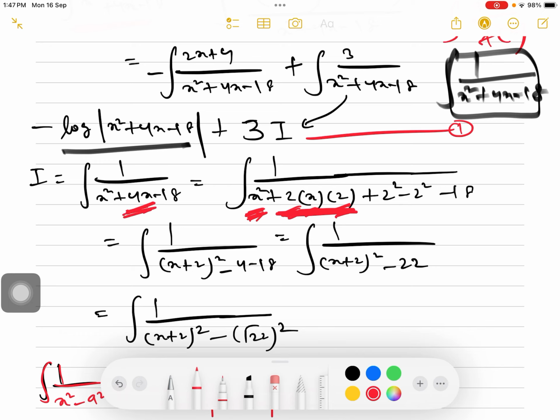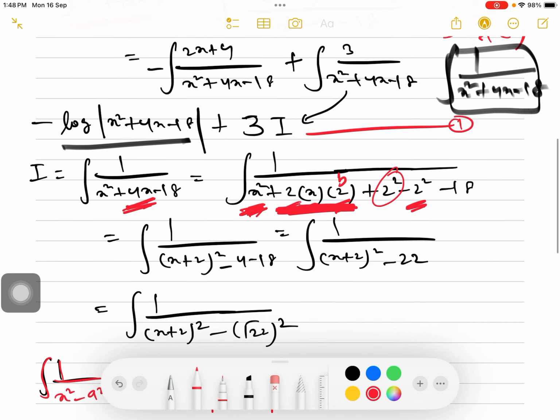Obviously 2 only, correct. So that's what I wrote, this 2. Now see, a square plus 2ab plus b square. My b was 2 only, so b square is 2 square. Now this thing only I extra added, this 2 square only I extra added. So I cannot change the question, so I subtracted also. That means I am not changing the value of the question. 2 square only I did, so I subtracted 2 square.